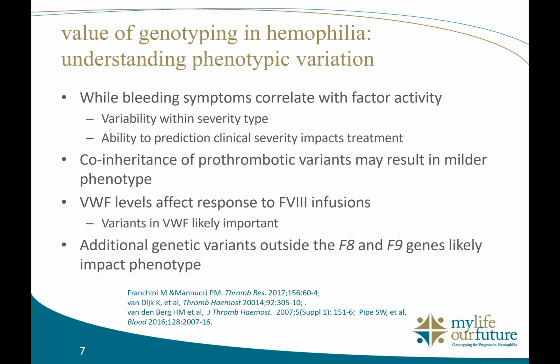And so being able to predict clinical severity before a patient has bleeding would be wonderful. We know that there's probably an impact, and it makes sense, of the co-inheritance of prothrombotic variants, and that this may result in a milder phenotype.